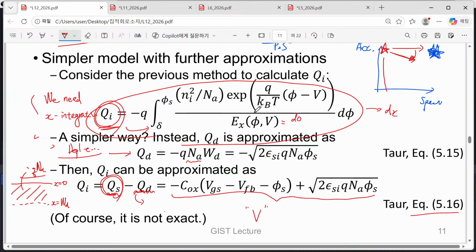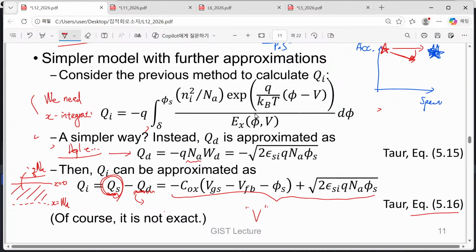Then please come to the exact expression, and try to find the dependencies on surface potential and V. Where can you find this dependency on V? In this expression, you can clearly find the dependency on V, and also the dependency on surface potential.